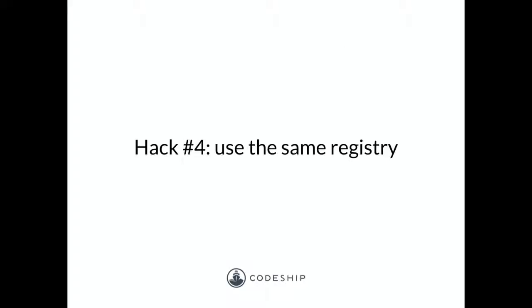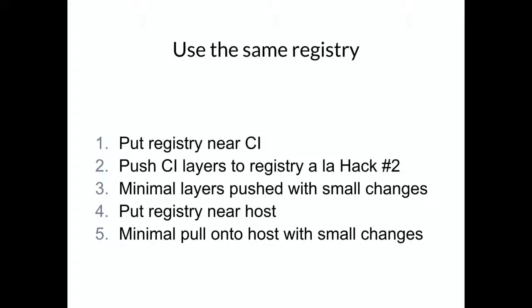So the fourth hack here is to use the same registry. If you've got your registry near CI, you can push your CI layers to the registry, just like we did before for our own caching, but now you can tag them for production. And that means that when you're actually pushing for production, only a few small changed layers are going to get pushed up. And then you put your registry near your hosting provider as well.